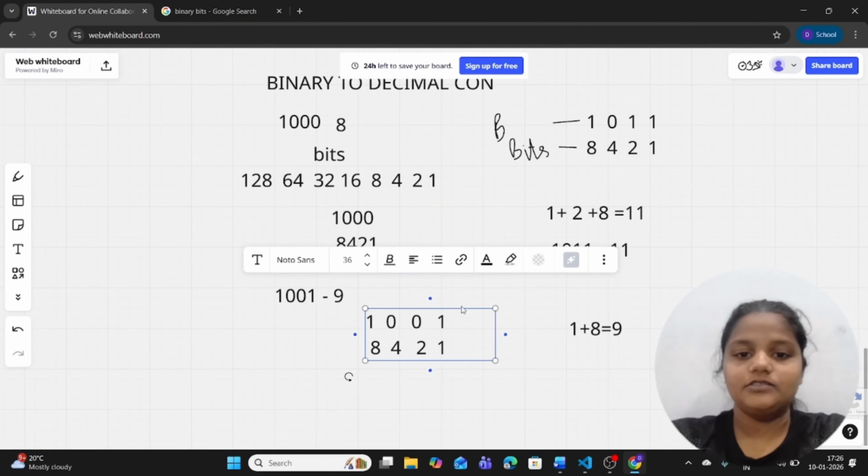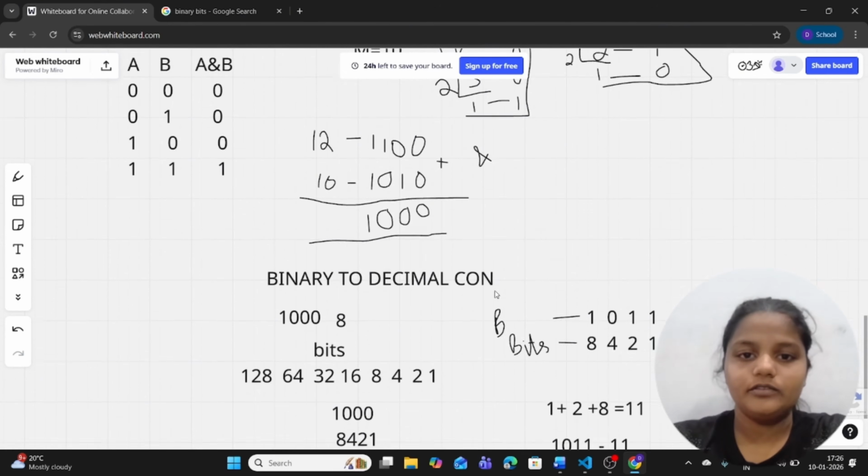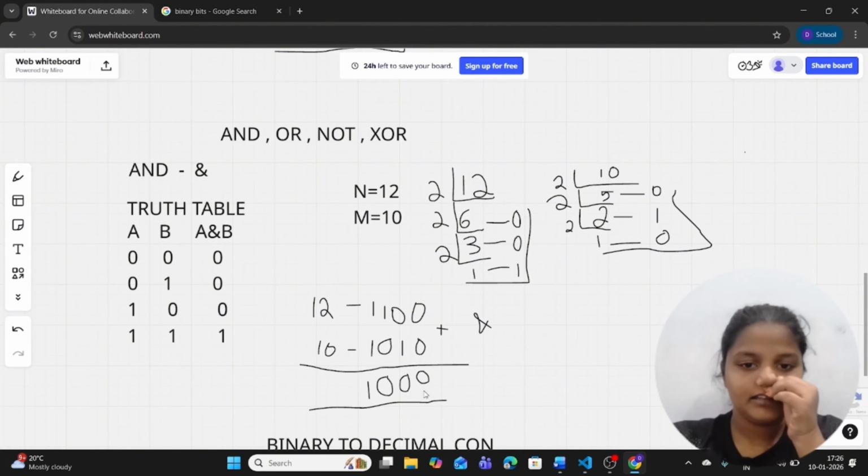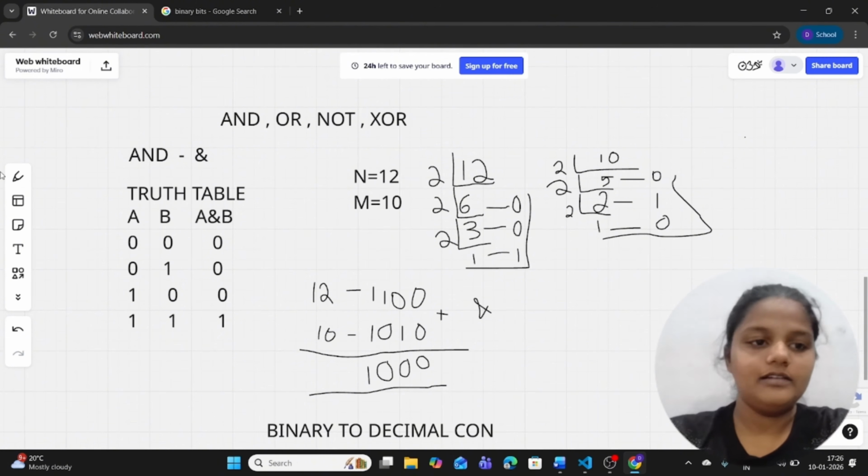Understood, right? So now in our example, we have gotten 1000, right? How are we going to calculate this?